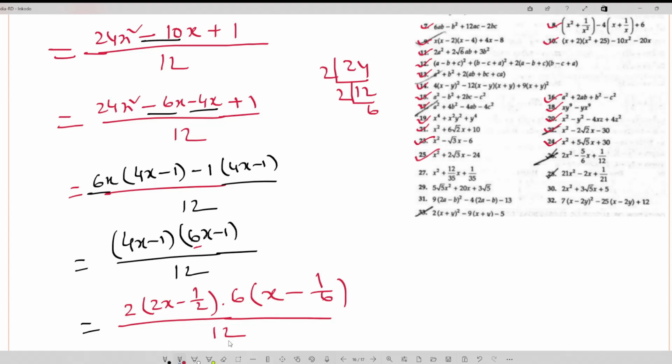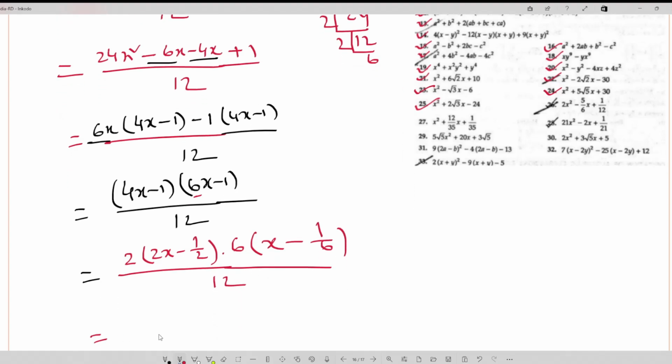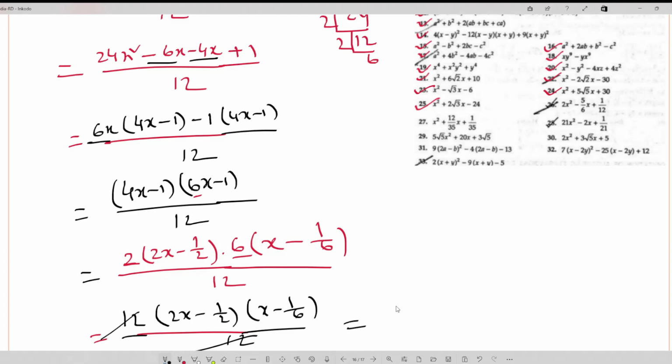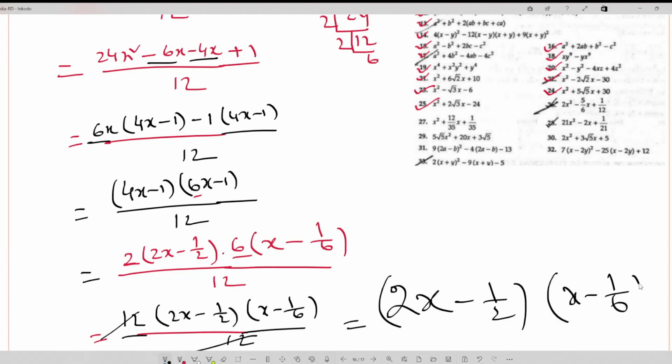Then 12 divided by 12. Look, 6 times 2 becomes 12. So here is (2x − 1/2)(x − 1/6), and here is 12, so this 12 goes out. Our answer is (2x − 1/2)(x − 1/6).